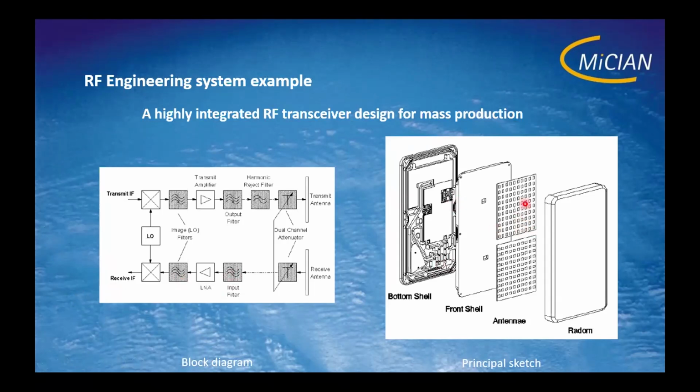Now you can see what I have pointed out is the antenna. This is called a patch antenna array. I will come to this point a little bit later. This is just an example of what an RF system looks like in industry.